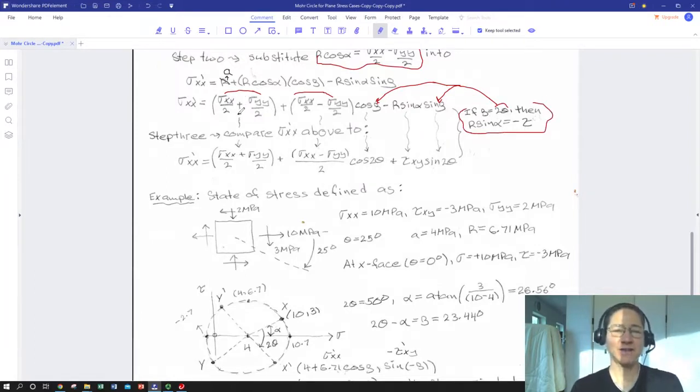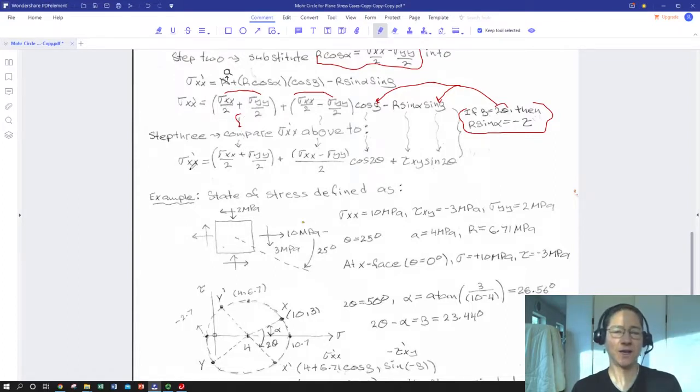I'm drawing some little lines to show what terms go where. So in step 3, we take this expression with our r sine alpha substituted for negative tau. We're going to use negative tau, not positive. This facilitates signs. And beta equaling 2 theta, so we do those two substitutions.